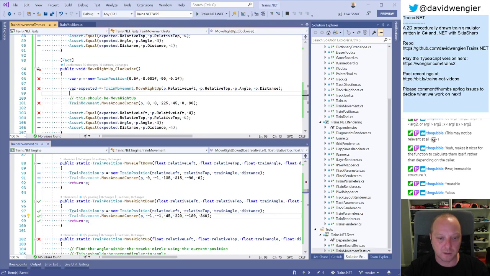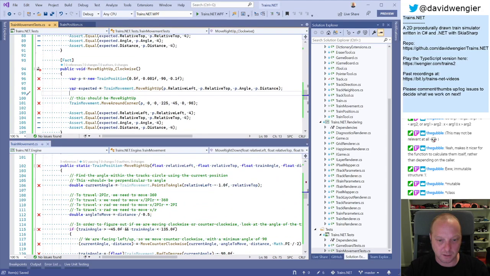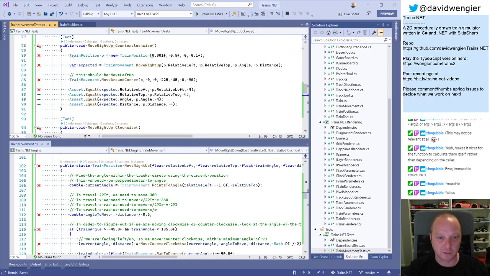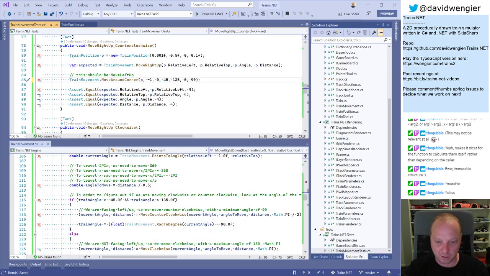Right up. Lucky last. Right up is counterclockwise, so minus 1 on the left, 45 and 35, 90 and 180, 90 and 180.